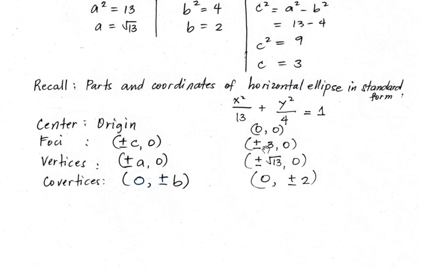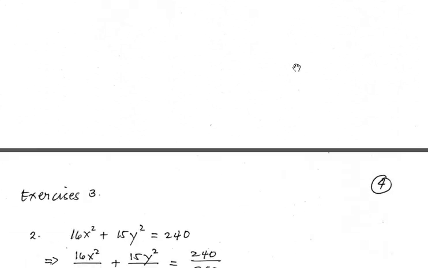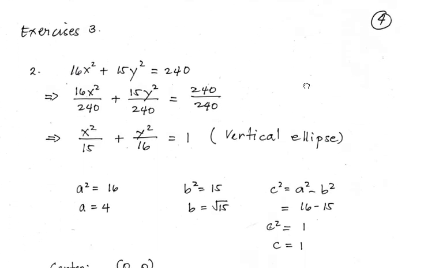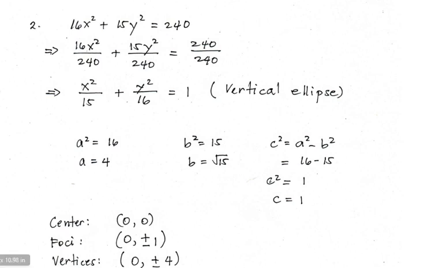Focus 1 is negative 3, 0, and the coordinates of focus 2 is positive 3, 0. The coordinates of vertex 1 is negative square root of 13, 0, and the other vertex is positive square root of 13, 0. Co-vertices are 0, positive 2, and 0, negative 2. So this is for number 1. Moving on to exercise 3, number 2.